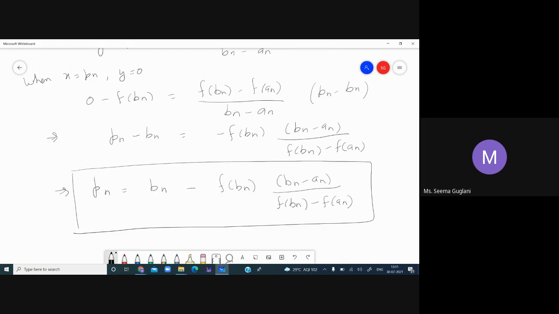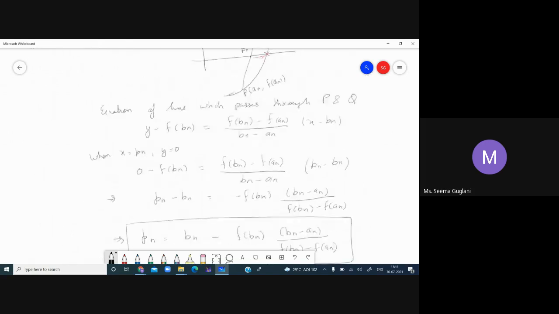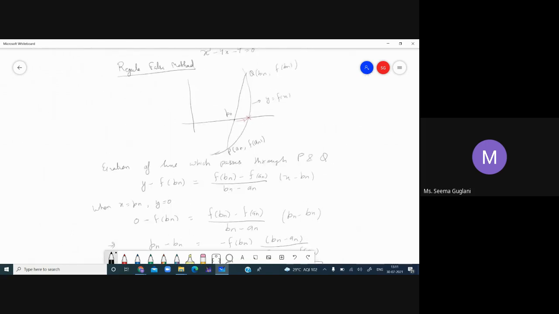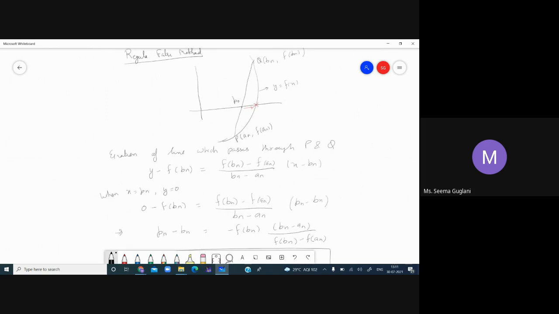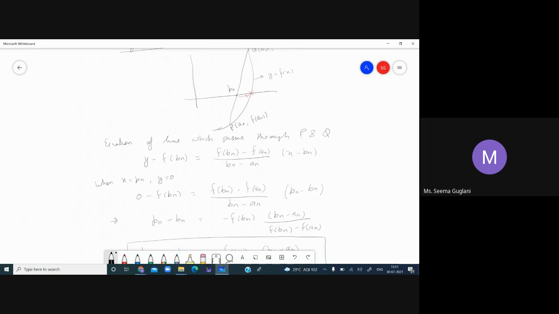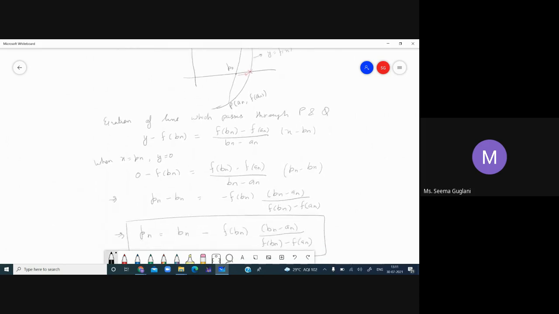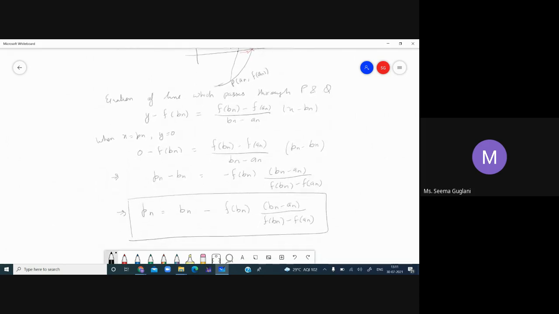This is your regular falsi method. So we start with the line PQ, which is an approximation to the exact root, intersecting the x-axis at the Pn point. So we write down the equation of line PQ, and from there we find the formula for the approximation of the root Pn, which I have marked as a rectangle. Is it clear?